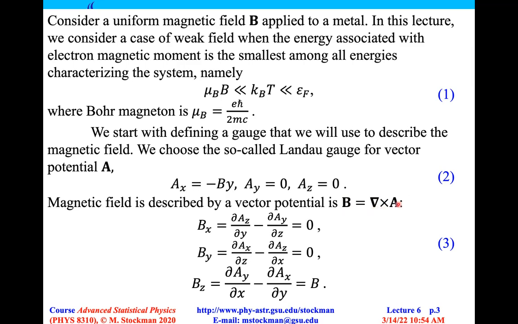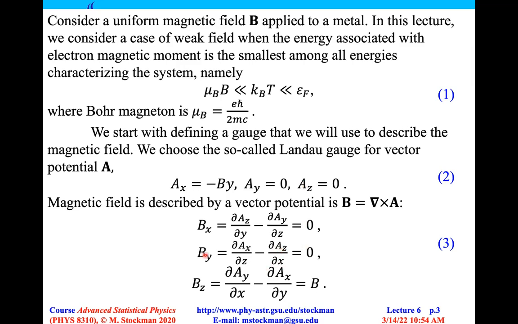It's a curl of A, B is a curl of A. So we find Bx is d over dy Az minus d over dz Ay. So Az is 0, Ay is 0, so this is trivially 0. By is d over dz Ax. Ax is not 0, but does not depend on z, so this term is 0. Minus d over dx Az.